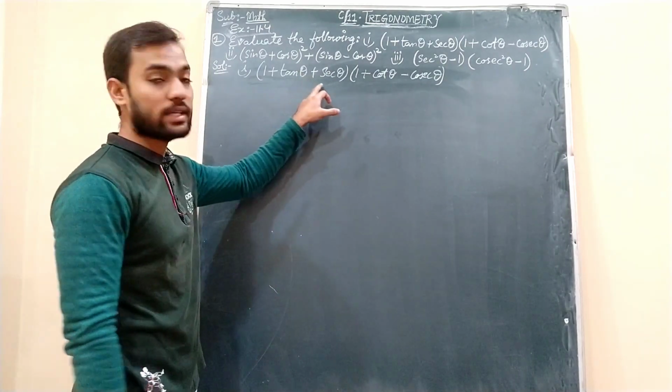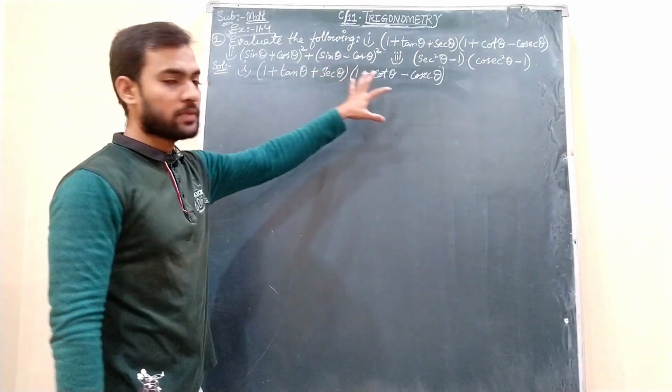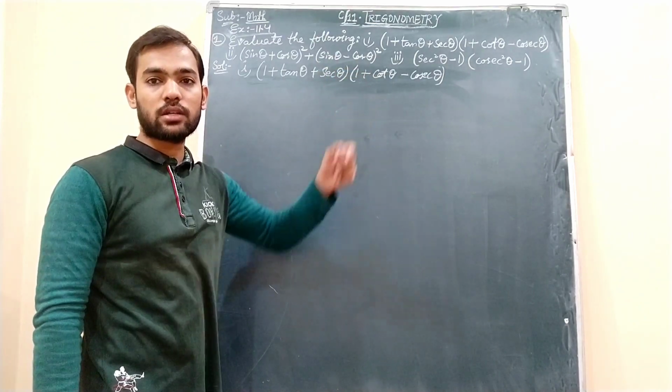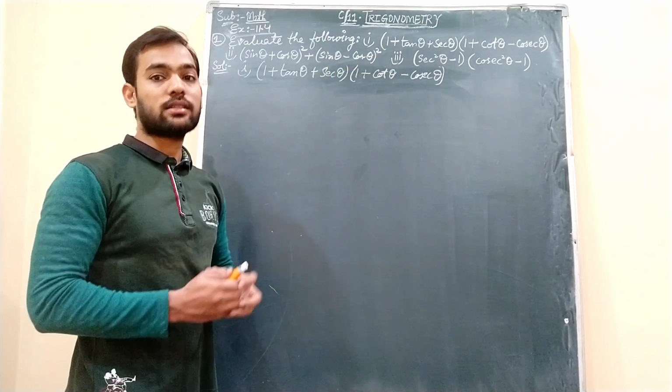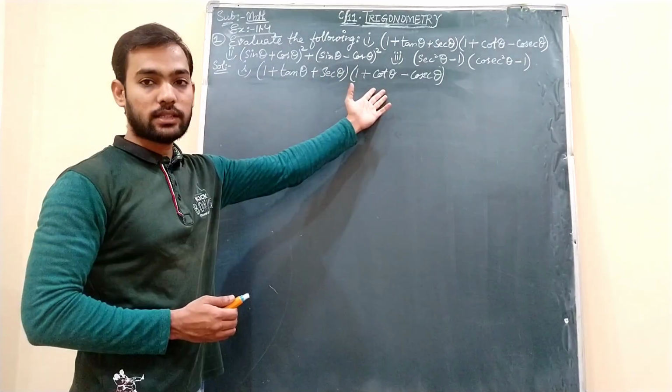Like if you had secant square theta minus tan square theta, then you could replace it with 1. But here there is nothing like that. And in this expression, the trigonometric ratios are also different. So let us try to make them the same in this part as well as in this part.